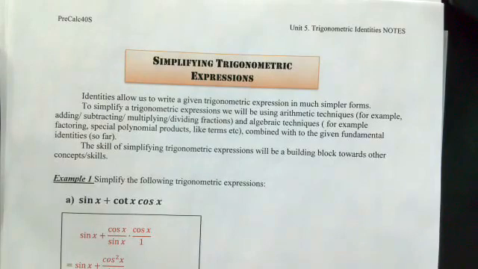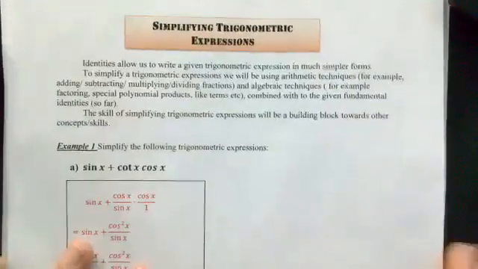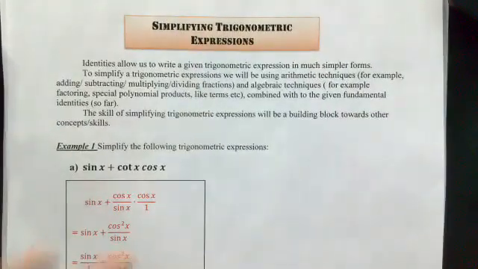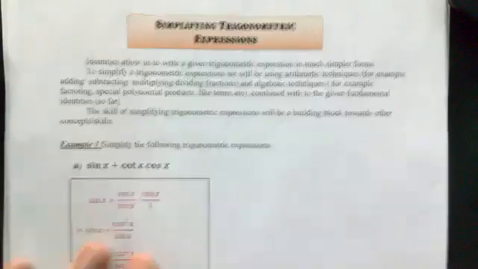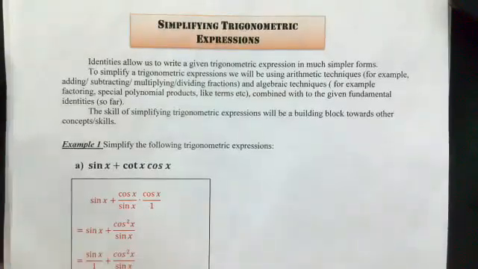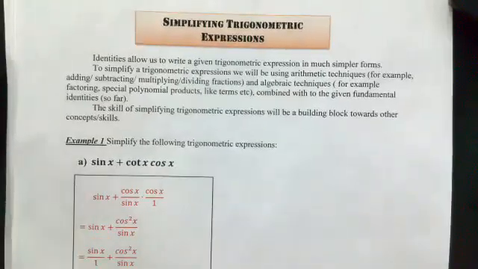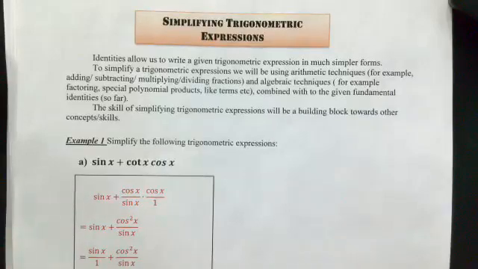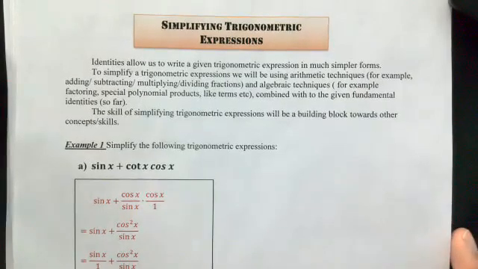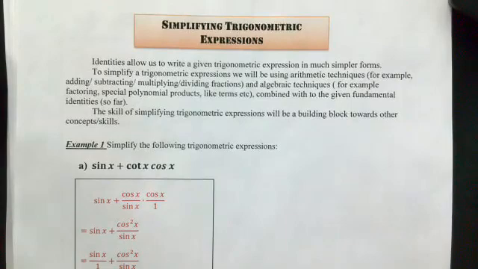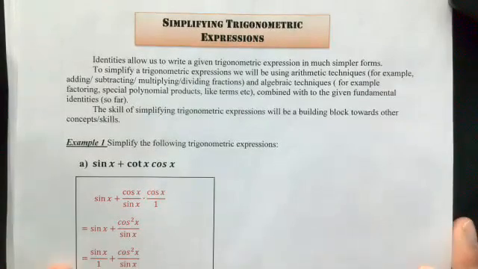And when we simplify, we're going to use some arithmetic techniques, for example, adding, subtracting, multiplying, dividing fractions, algebraic techniques like factoring, special polynomial products, like terms, and more than that, of course, because algebra is huge. And then we're going to combine all of these with the fundamental identities that we have learned so far.